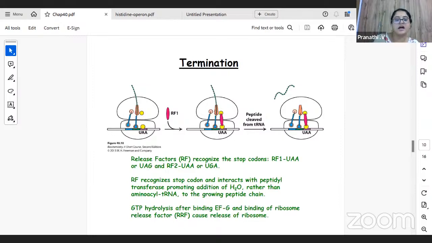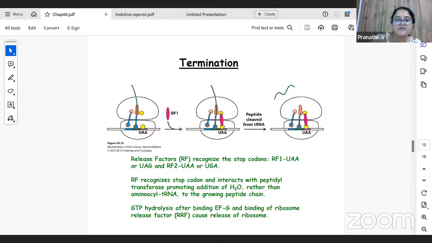Release factors are present. RF1, 2, 3, like I told you, recognize the stop codons. After all this translation, the aminoacyl tRNA comes along to the anticodons for the codons UAA, UAG or UGA.